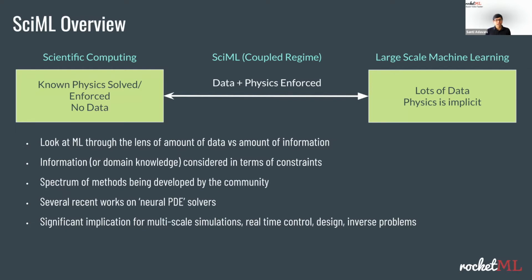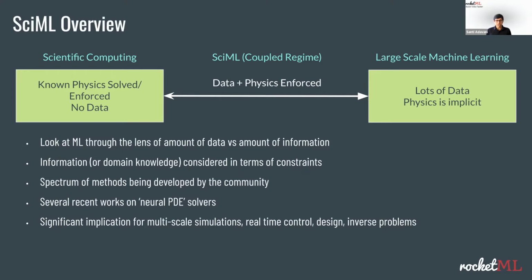But not necessarily the data in the traditional machine learning sense. And on the other end of the spectrum, you use a lot of data and not so much physics. So that is the traditional large-scale machine learning. Think of object detection, image classification on ImageNet data, and so on. What we have in between is this combination of physics and data. You're trying to put some constraints on your deep learning models using physics, and at the same time use some data to come up with the space of SciML.